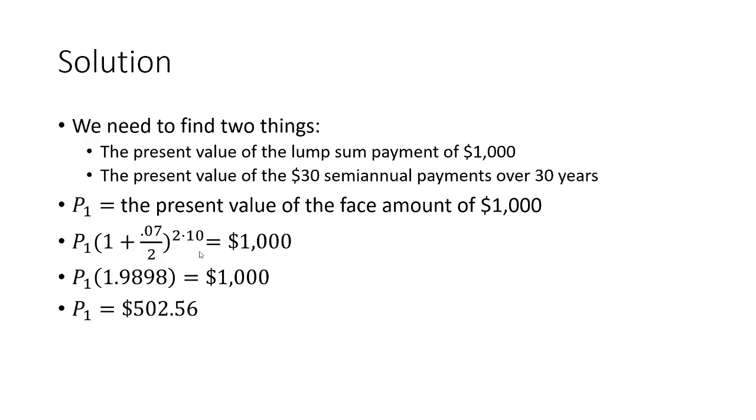And we can do that by using this formula, which is a variation of the present value formula for annuities. It's going to be the present value times 1 plus the interest rate, R, divided by the number of periods interest is paid, M, to the M times T equals whatever the bond's face value is, or we could say it's the future value. And then when we solve that, we see this is $502.56.